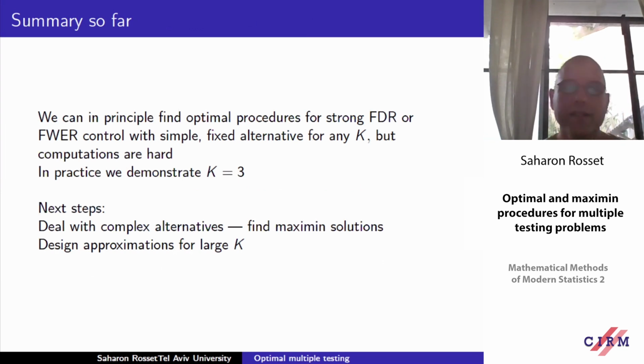The first is going beyond simple alternatives to considering complex, at least one-sided alternatives, because in scientific hypothesis testing it's very rare that simple alternatives are appropriate. And of course, we need to deal with larger K, either through approximations or problem formulations that allow us to do large K.